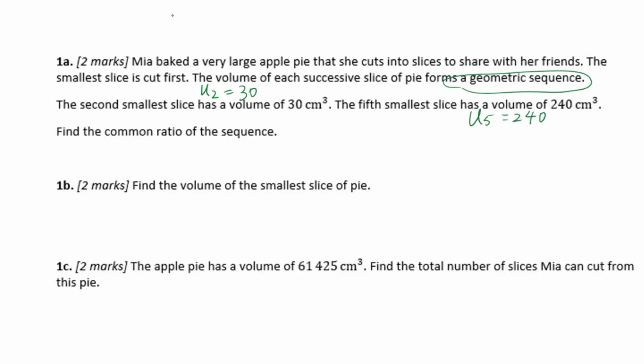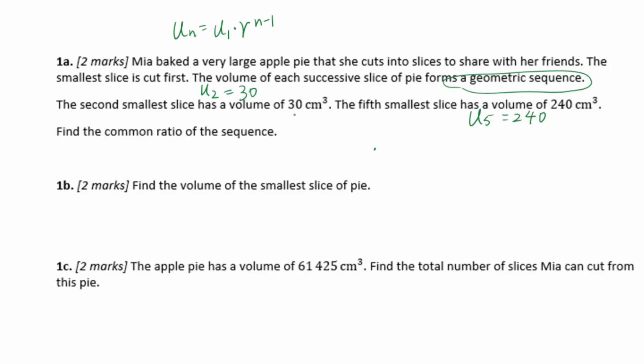For geometric sequence, u sub n equals u sub 1 times r to the n minus 1's power. When you are given any two terms, remember we always do the term with a bigger ordinal number first.